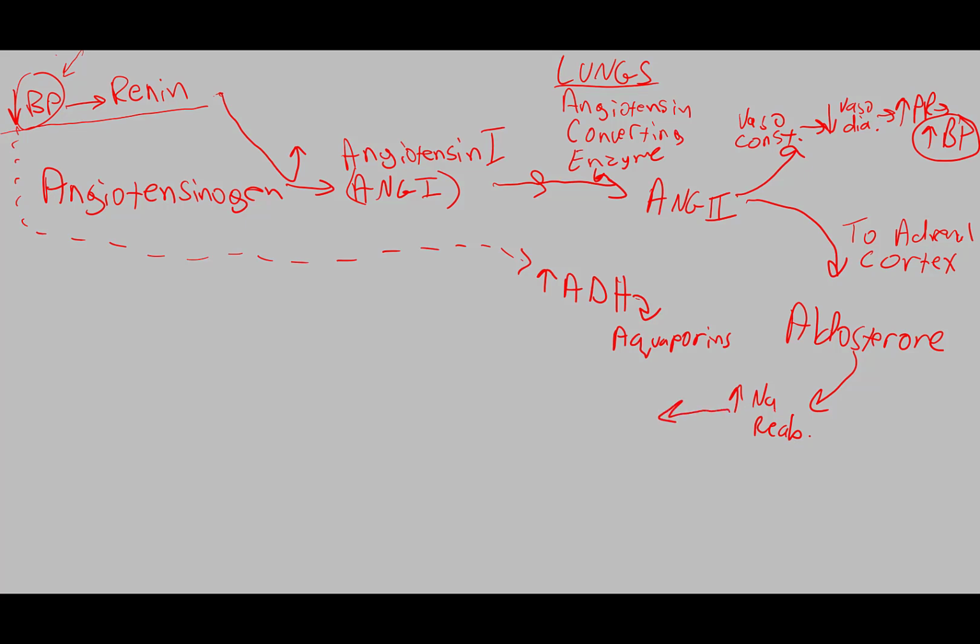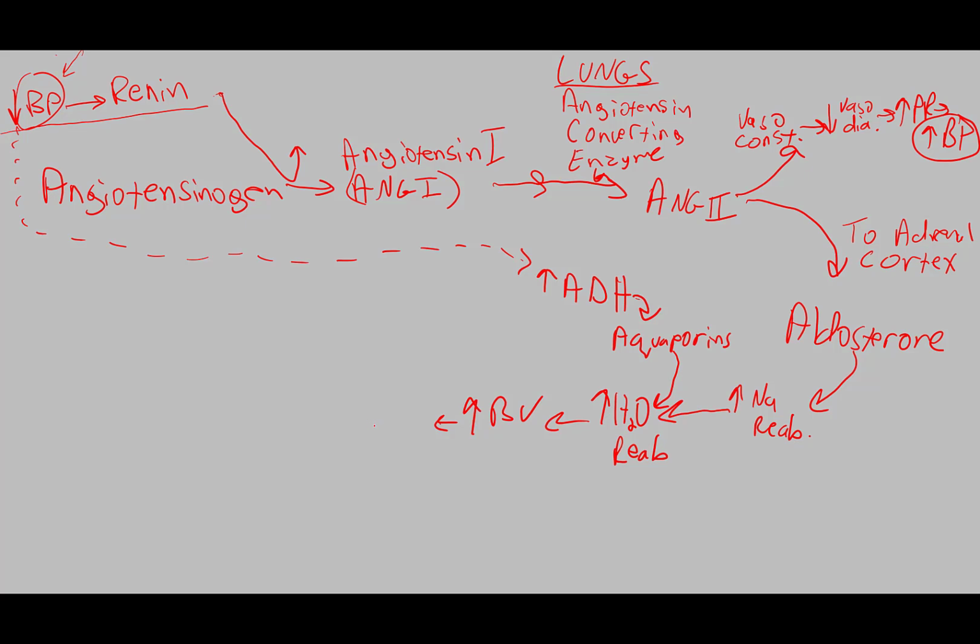So if we are increasing sodium reabsorption because of aldosterone, and we increase the number of aquaporins, what's that going to do? It's going to increase water reabsorption, which does what? Increases blood volume, which now you should be able to spout this part out.